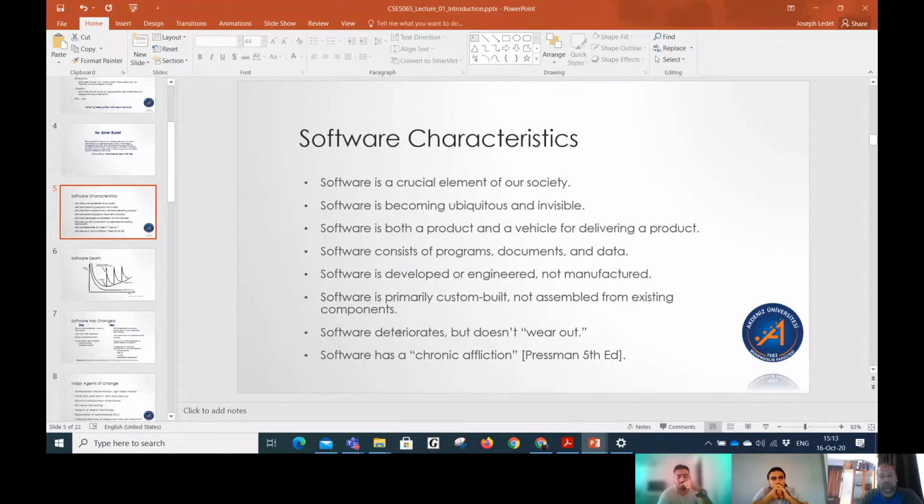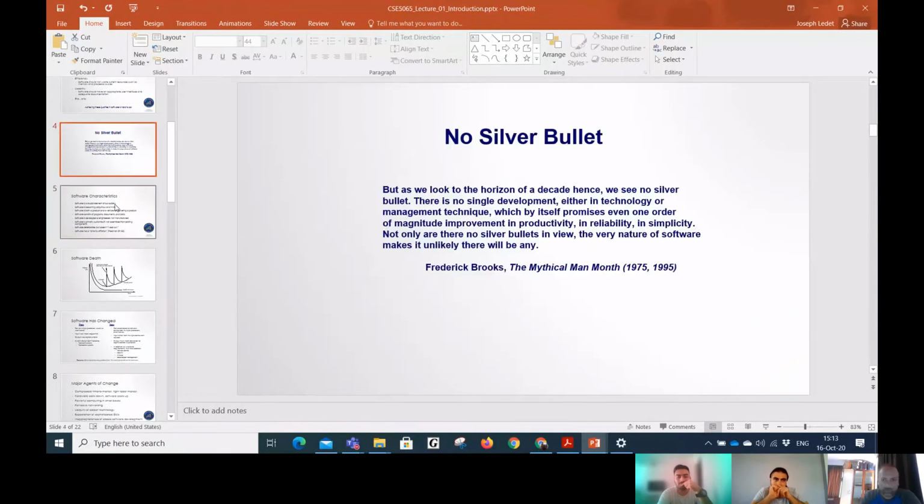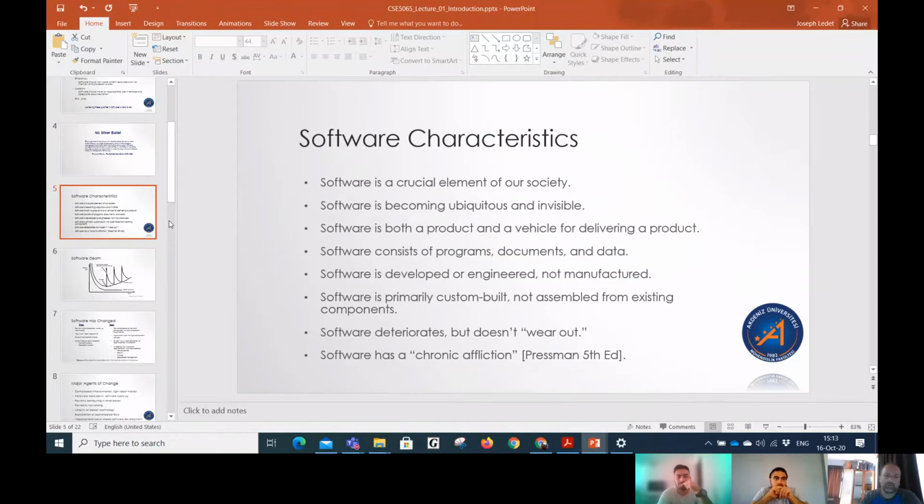Software can deteriorate, but it doesn't wear out. It can get older over time. So these are all characteristics of software that are both good, but also remind us that we have to be on guard and make sure that we are doing a good job of adequately developing.